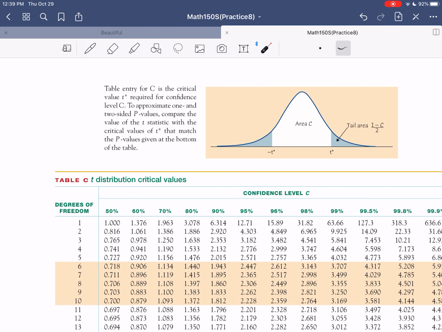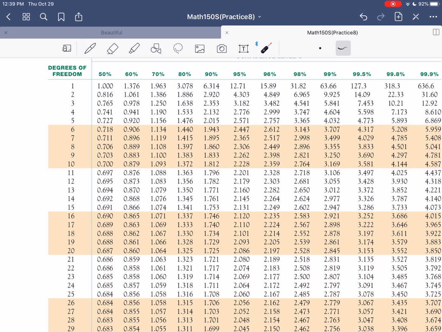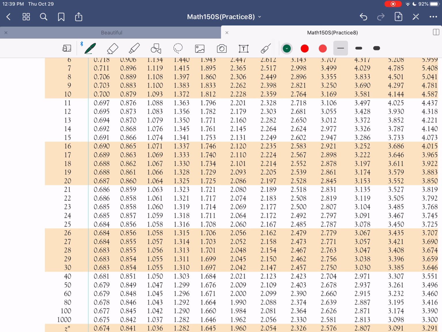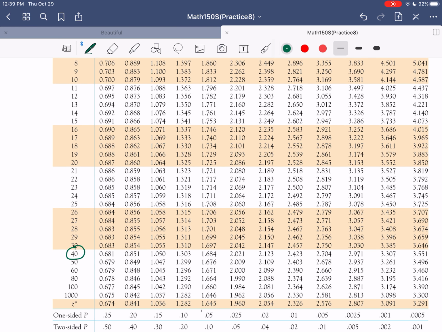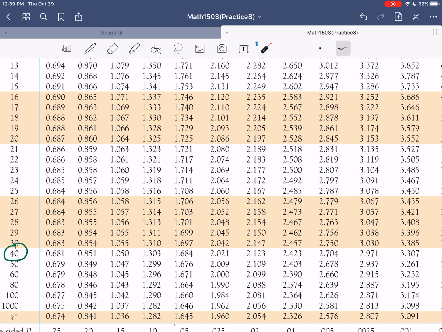So on table C, we have our 40 degrees of freedom. So it looks like we should be right there in this row. So 40 degrees of freedom. We're looking for where 1.25 is located. Notice 1.25 is bigger than this, bigger than this, bigger than this, but smaller than this. So it would put us right there in between.